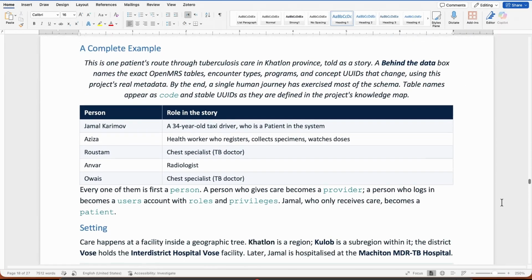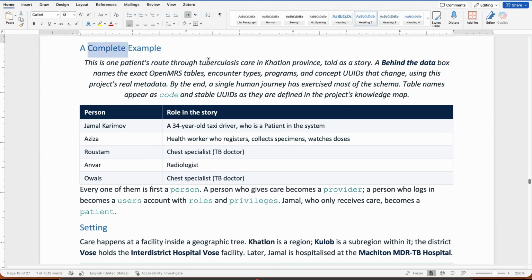Now afterwards, I have this complete end-to-end example, and this is a must read. This is a compulsory read. You cannot skip this. It's a story of an imaginary patient whose name is Jamal Karimov, a 34-year-old taxi driver, and this guy is a patient in our system.